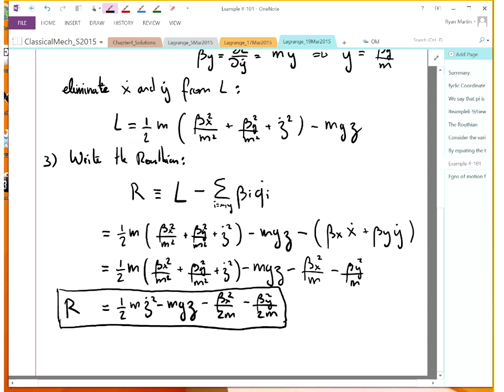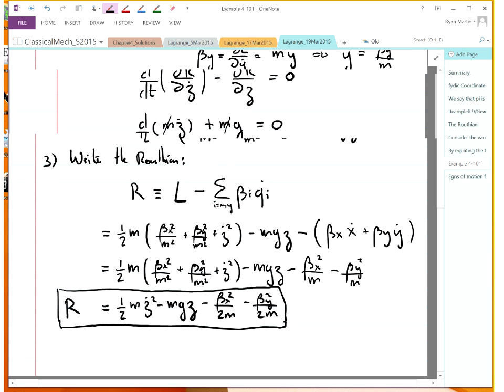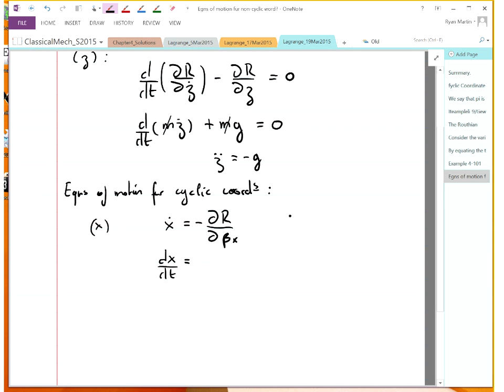And so when I take the derivative with respect to beta x, it's beta x squared, so the 2 comes out and cancels the 2. And note that I have a minus sign out here, so that's going to cancel the minus sign in front of ∂R by ∂beta x, right? So if I take that derivative and take the negative, I get beta x over m.